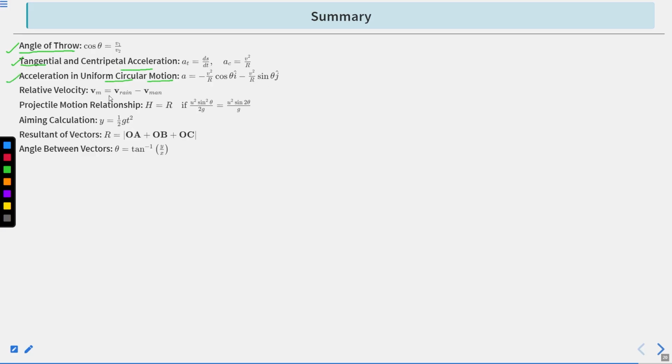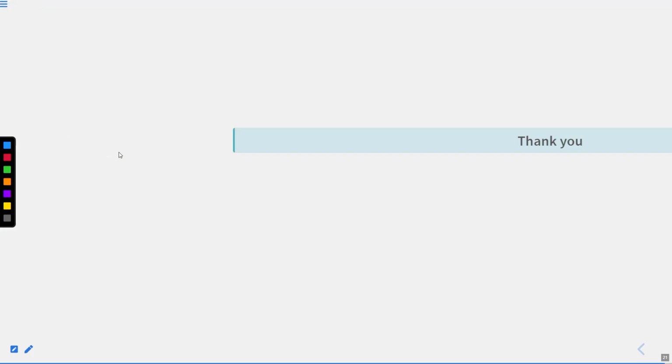Relative velocity: V equals V rain minus V man. And projectile motion, H equals R. Aiming calculation: resultant of vectors and angle between vectors, theta equals tan inverse y upon x. So these are the concepts and questions we learned in today's lecture. Thank you.